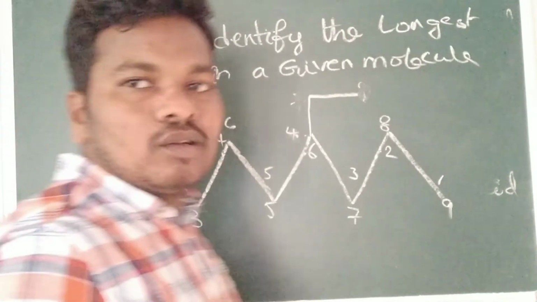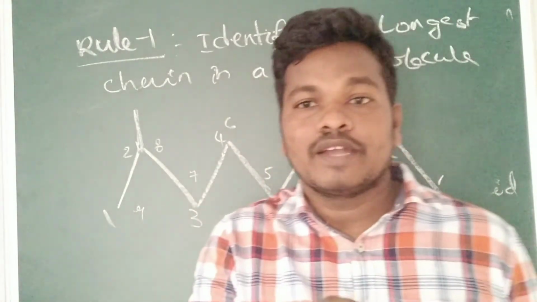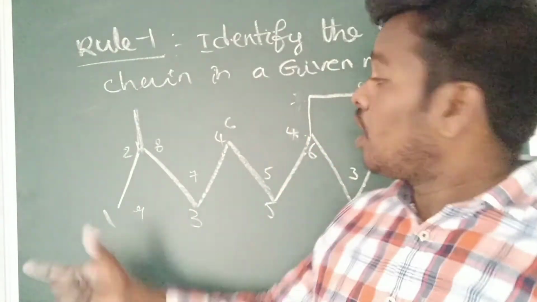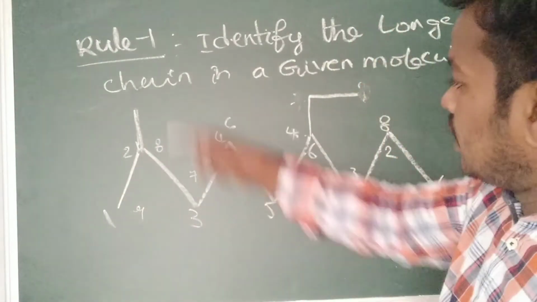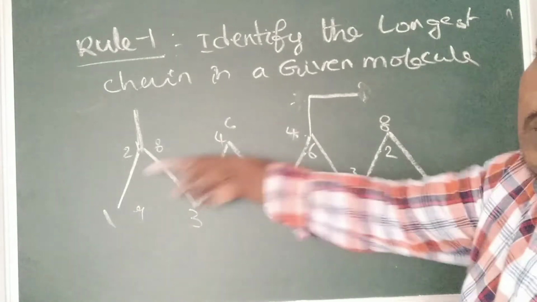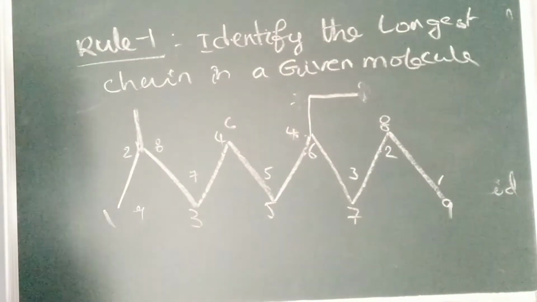Left to right, right to left, whatever it may be, the initial step is to identify the longest chain. Among all these, this is not the longest chain, and this is the longest chain. We have identified the longest chain.